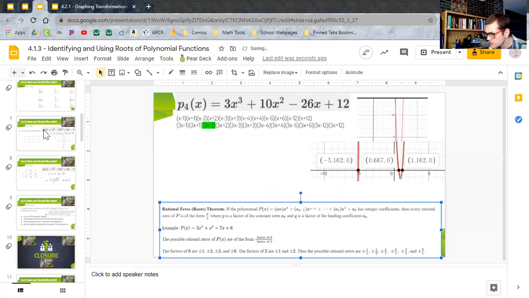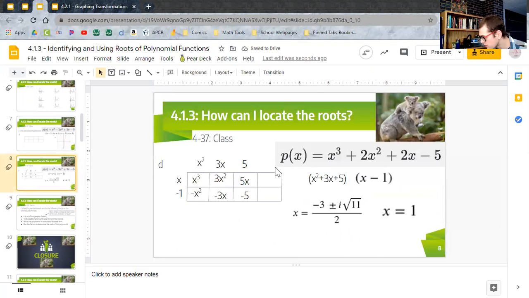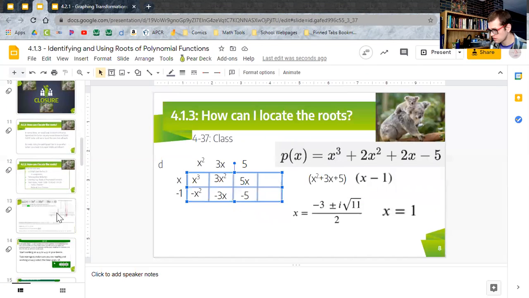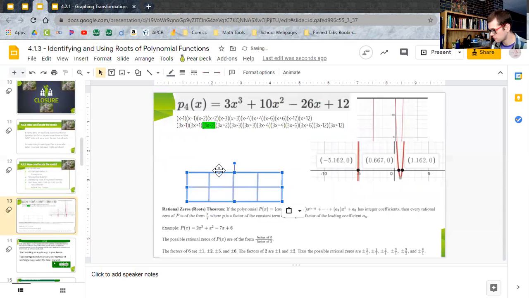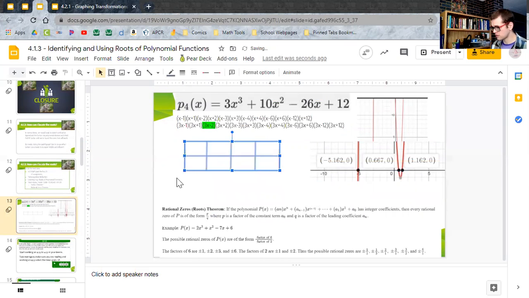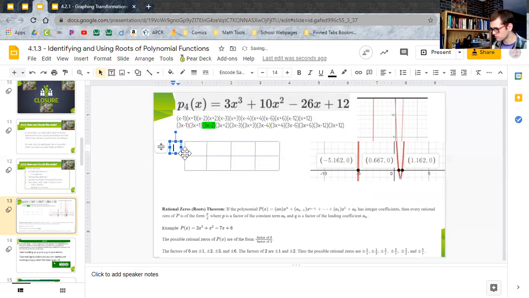I'm gonna go to a previous slide, grab this, because I don't want to remake it. Put it right there. So I'm gonna put 3x right there, and -2 right here.